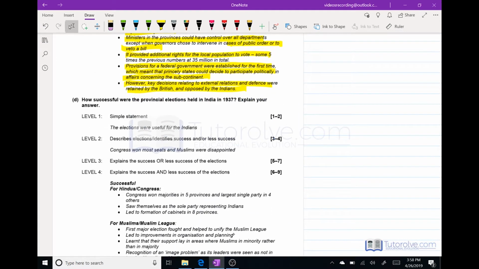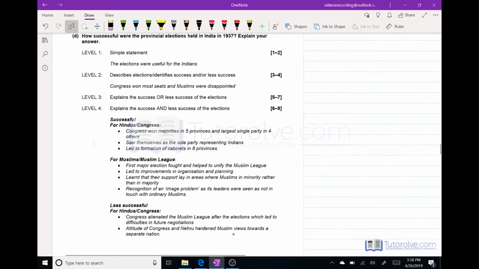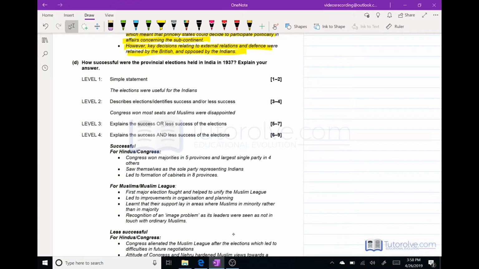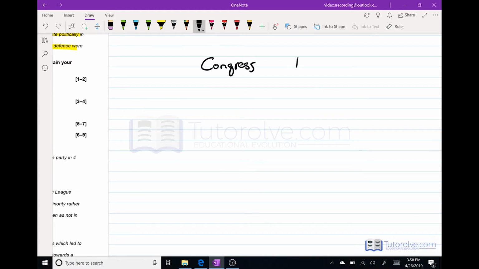Part D. How successful were the provincial elections in India in 1937? Explain your answer. Now, this is a long 10 mark question, so you have to understand that during the 1937 election, there were two parties, Congress and the Muslim League, right?